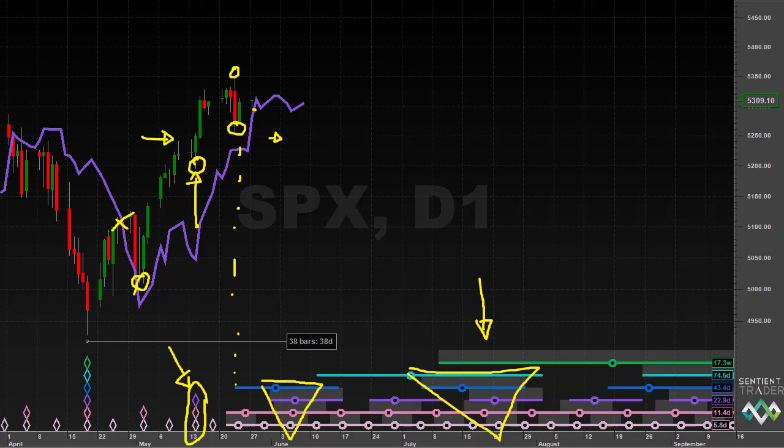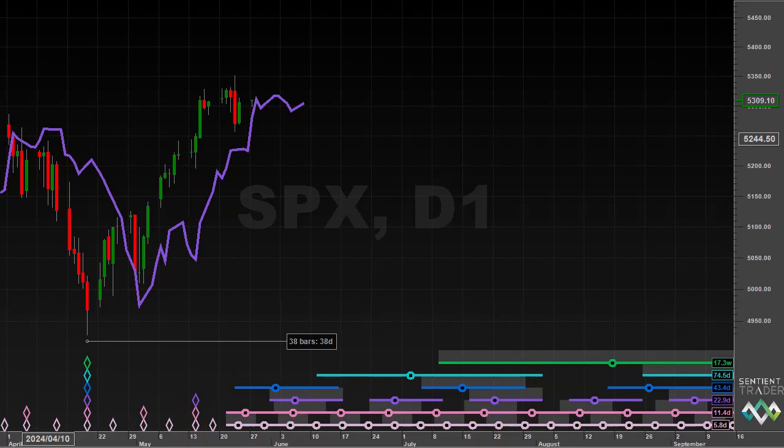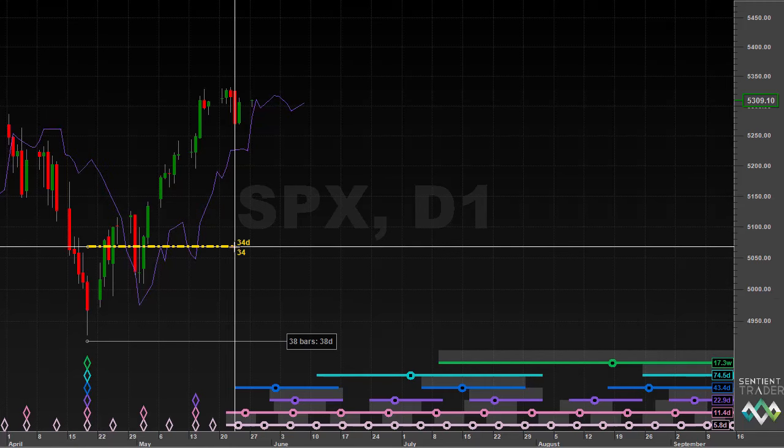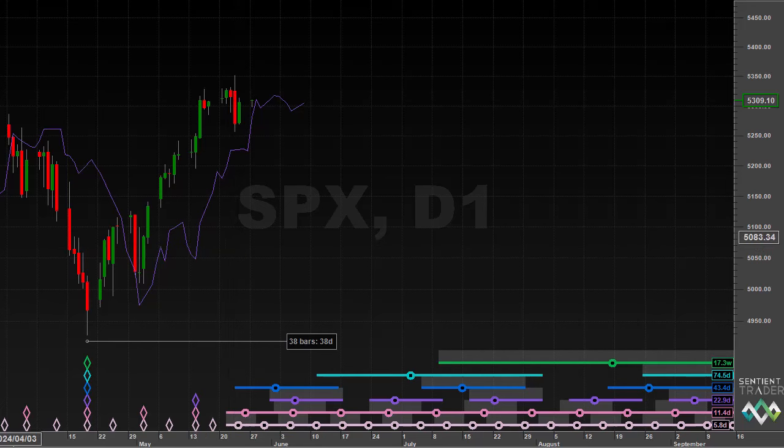The other possibility is that, of course, this trough that formed on Thursday of last week is in fact the 40-day cycle trough. It formed at 34 days after the trough in the middle of April. The average length of a 40-day cycle discovered by Hurst 50 years ago is 34 days, making it quite possible, if not likely, that the 40-day cycle trough did in fact form on Thursday of last week.